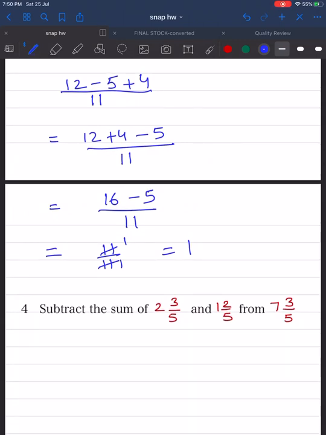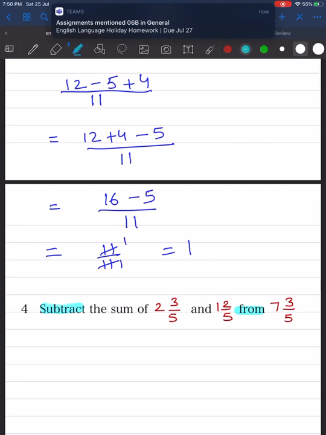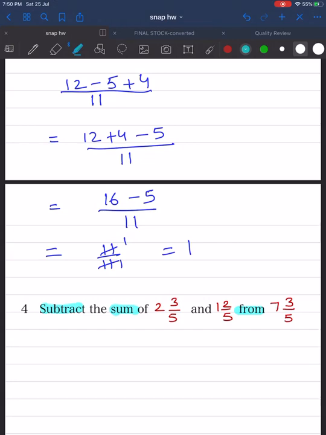Now subtract the sum of 2 3 on 5 and 1 2 on 5 from 7 3 on 5. Now here the keywords are from, and then we have to subtract the sum of 2 3 on 5 and 1 2 on 5.